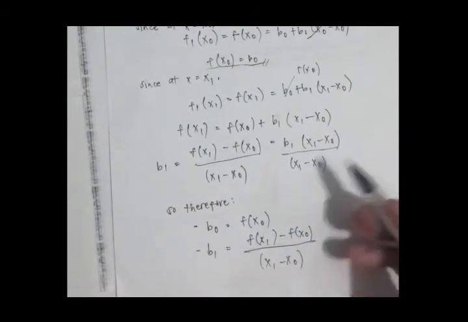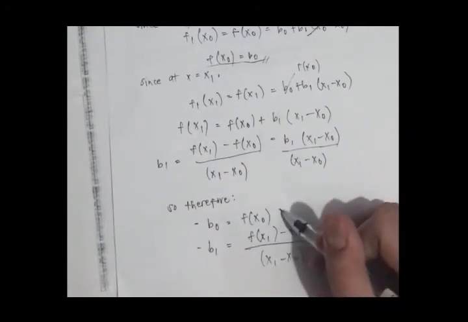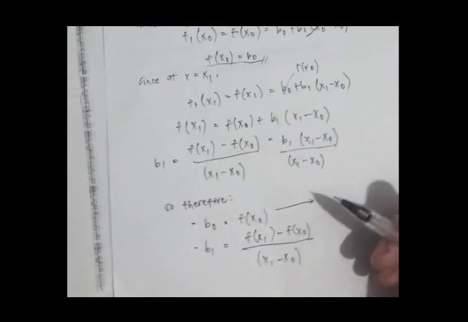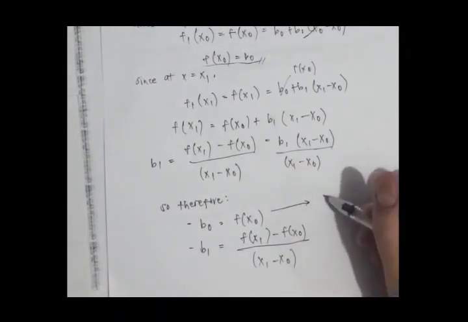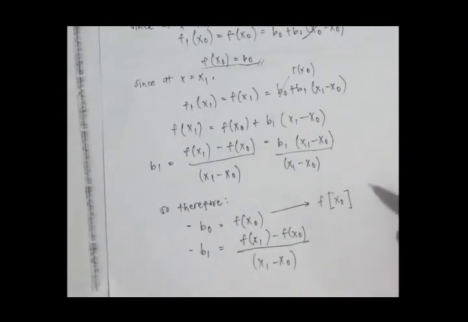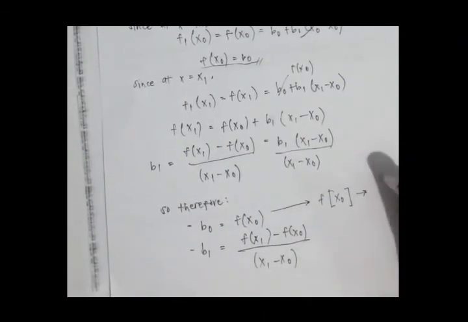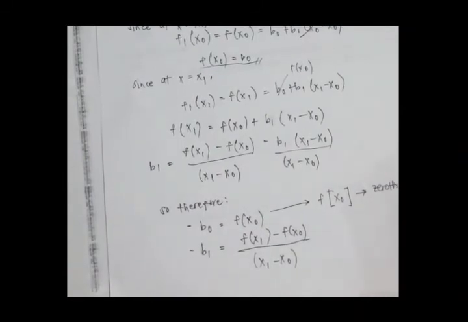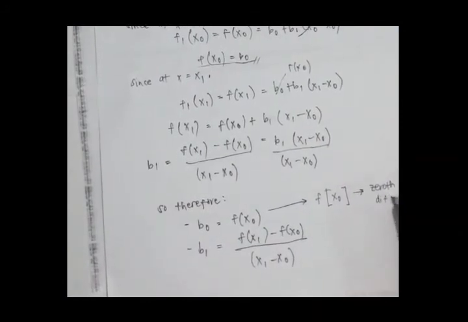So this one is written also as f of x sub 0, and it is also called the zeroth divided difference.